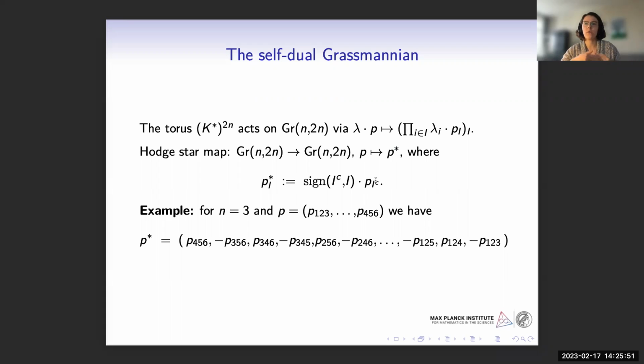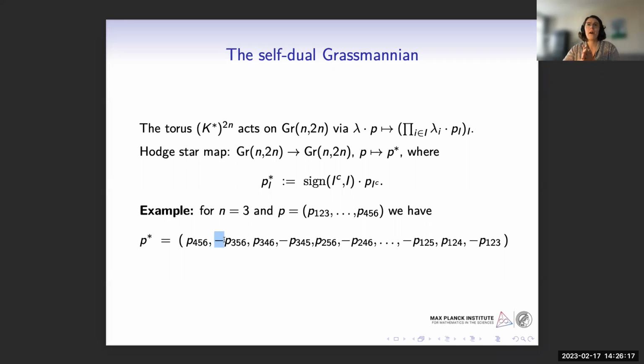The easiest way to understand this is to look at the example for n equals 3. We have a point P with Plücker coordinates P123, P124, and so on till P456. And then its Hodge star is the point given by the coordinates P456, so the complementary index to 123, together with a certain sign. In the first case, this is positive. For the next coordinate, this is going to be negative, and so on.